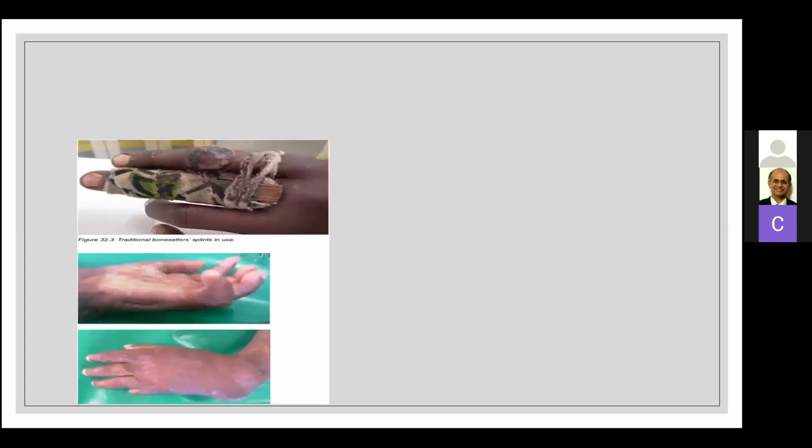discolored wounds. This is an image that at the bottom shows the Volkmann's contracture, and the top is for an African perspective, for children who are managed by what they call bone setters, who are basically traditional healers who specialize in managing bones and musculoskeletal problems.